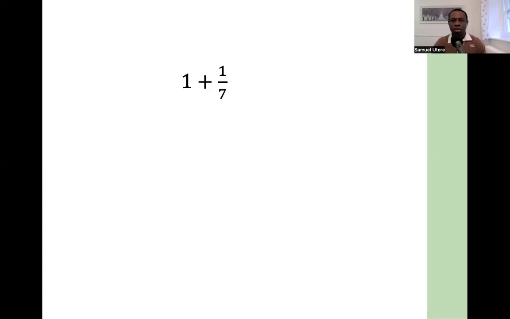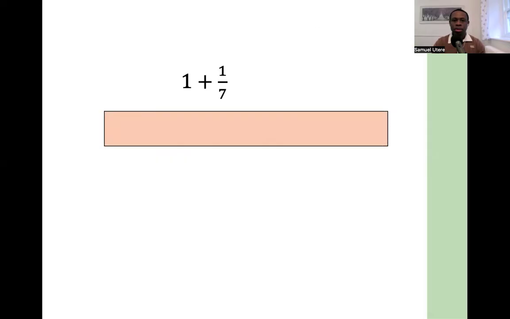Let's apply the same concept here. If we use the same concept real quick, we can see that the denominator is 7. So our whole has to be in 7 parts so that we can work with it with the 1/7, which has 7 in the denominator.